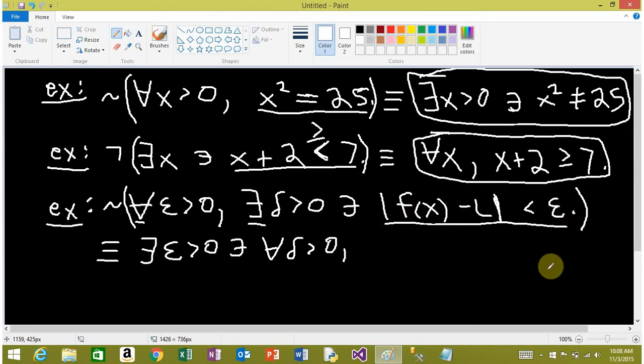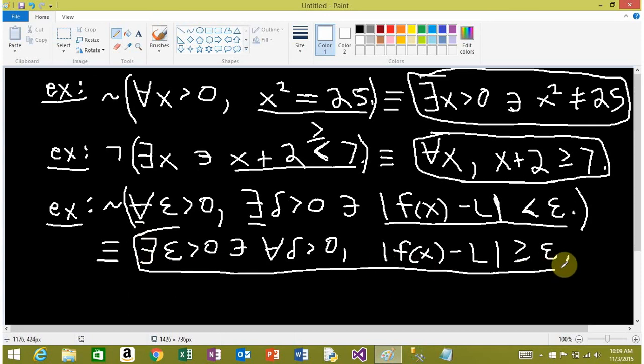That's our p of x statement. So to negate this, we just look at the opposite of less than, which is greater than or equal to, kind of like the last problem. So we'll just have the absolute value of f of x minus L is greater than or equal to epsilon. And then this would be our negation.